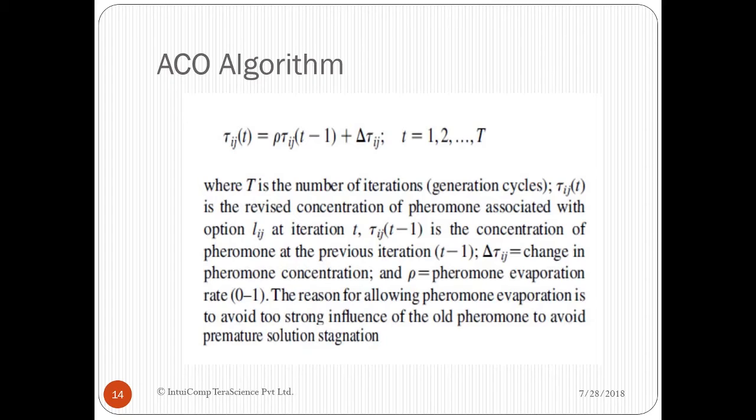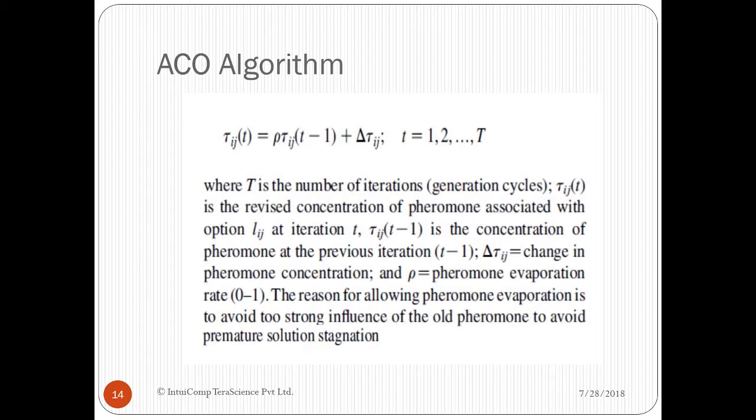Tau ij(t) is the revised concentration of pheromone associated with option Lij at iteration t.